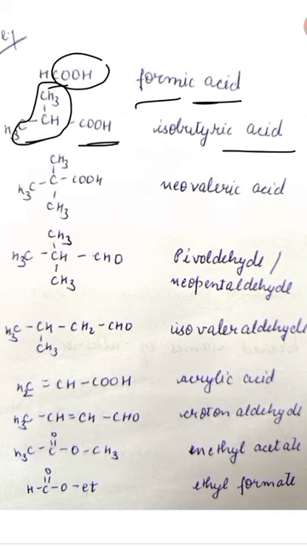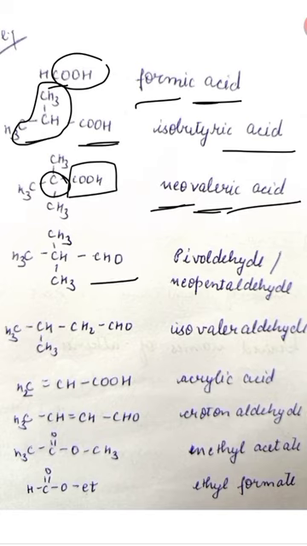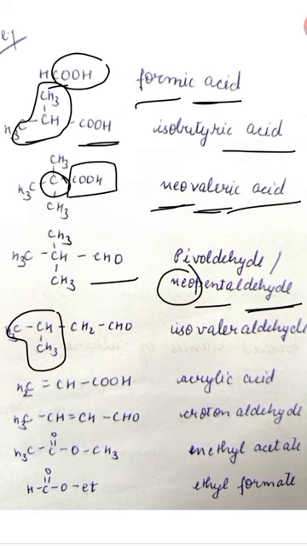For 5 carbon compound, Valere word is used and it is a 4 degree carbon compound, so neo word is used here. And the functional group is COOH, so ic acid. Here the functional group is CHO, so aldehyde is used. 5 carbon compound pent and it's a neo one. Here the group is iso group, so iso Valere aldehyde.